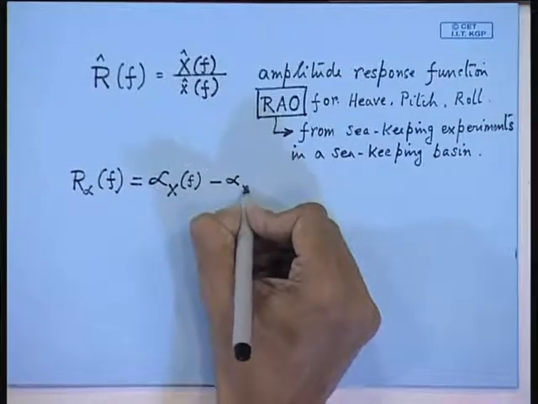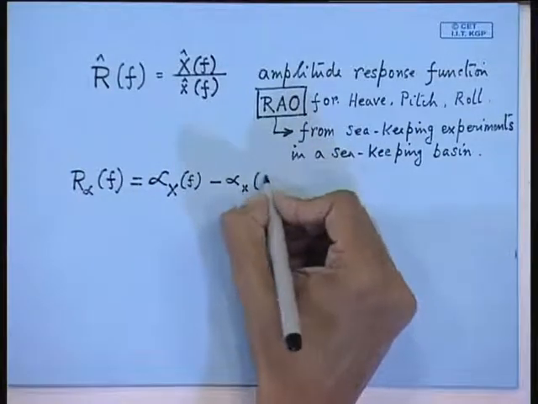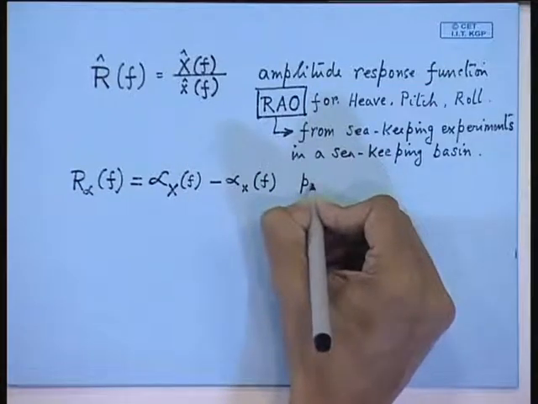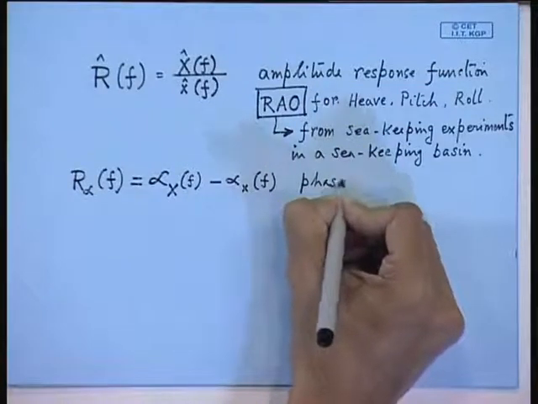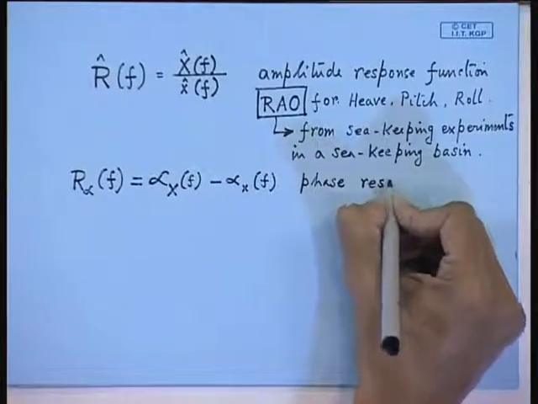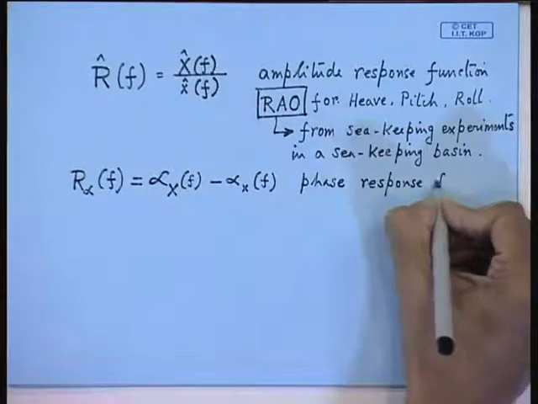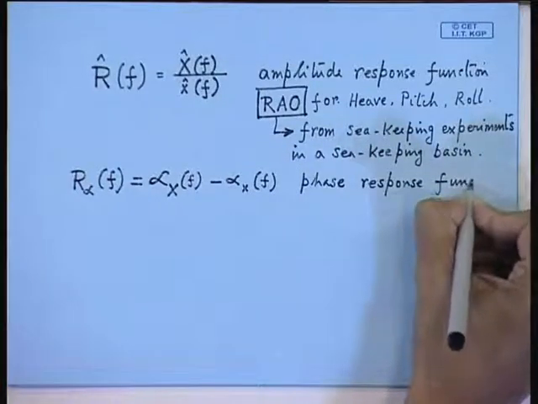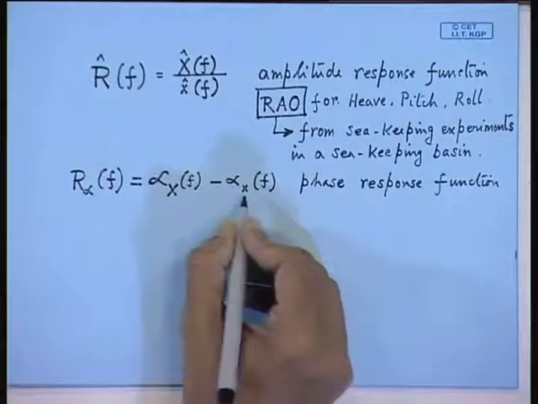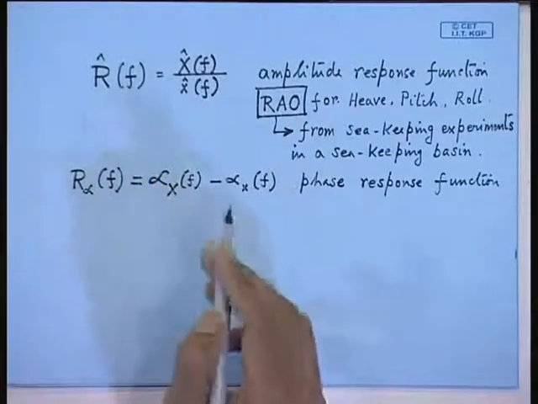This is called a phase response function. Remember that this is the difference between the two phases. You do not take the ratio of the two phases as you have done for the amplitude.